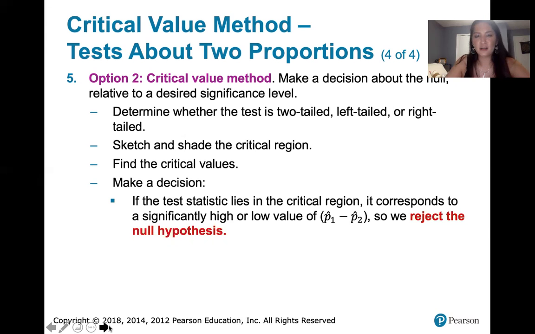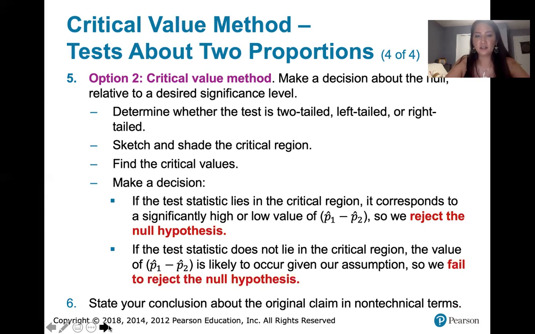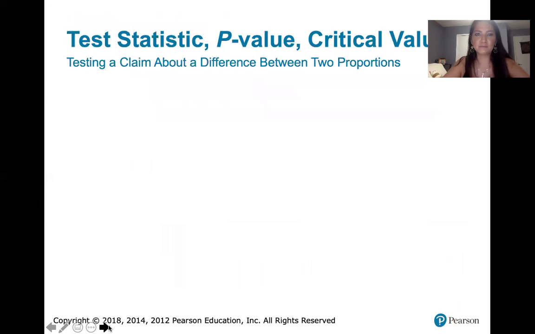So we'll reject the null hypothesis. If the test statistic is not in the critical region, it's sort of in between if you've got a left tail and a right tail, or if it's in that typical region for a single-tailed test, then we're not going to reject the null hypothesis. We'll fail to reject the null hypothesis in that case. And then we want to state our conclusion about the original claim in non-technical terms.